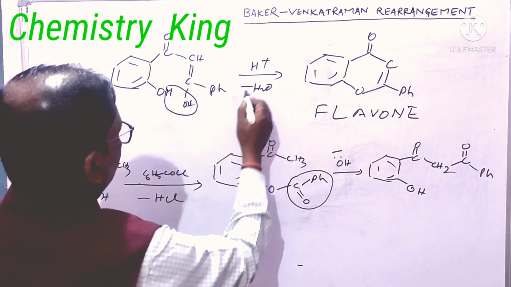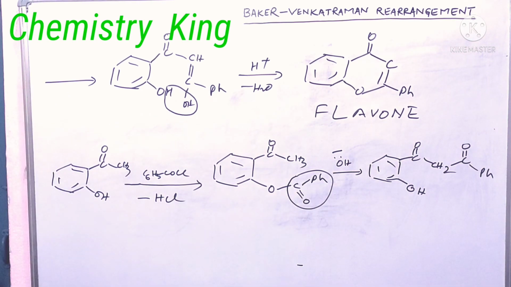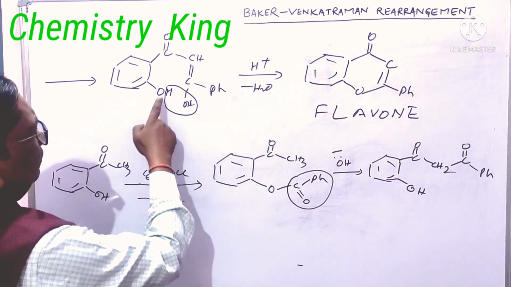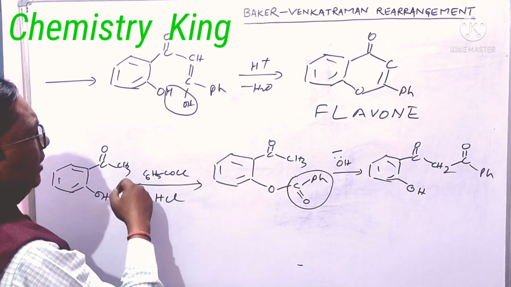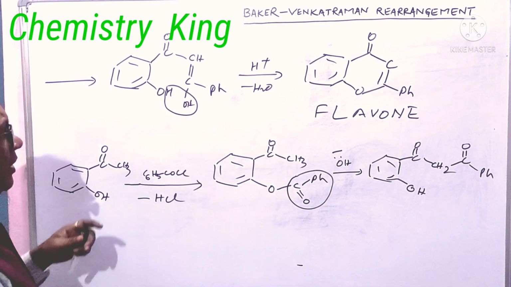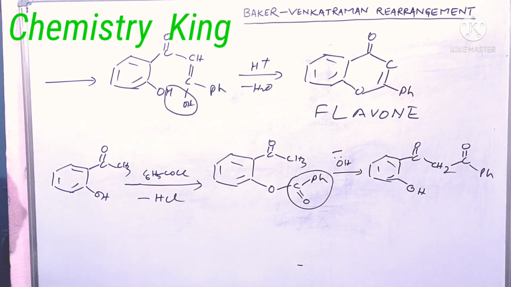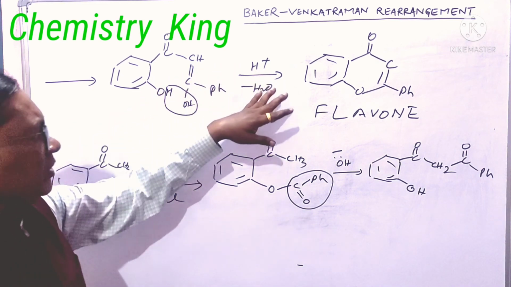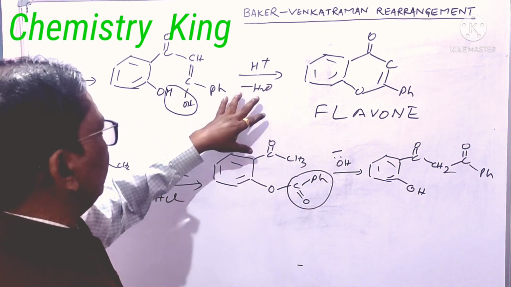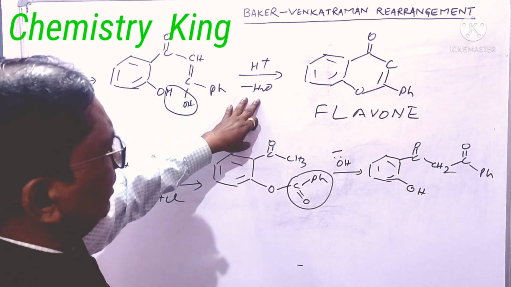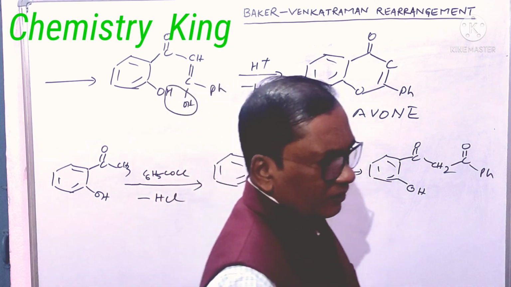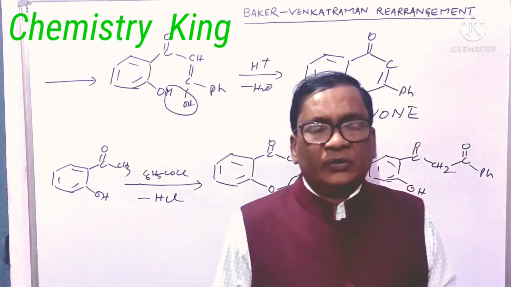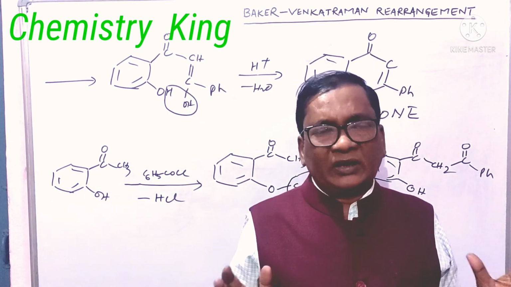Minus H2O. Friends, this H plus will come here or come here, leading to oxonium ion. Then water will be eliminated. You know its mechanism. So in short, I have written only that on acidification, a water molecule will be eliminated, leading to flavone, which is a very, very important compound. Friends, hope you have understood my lecture.